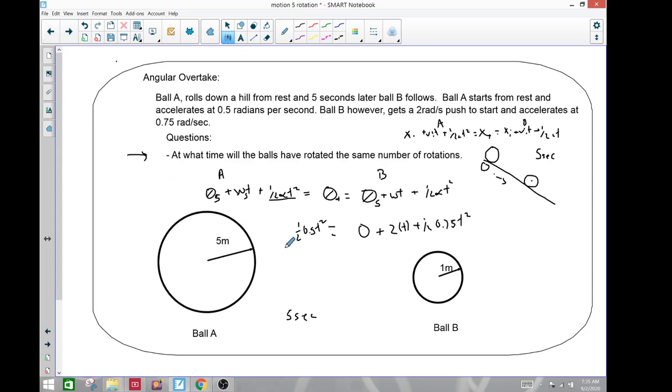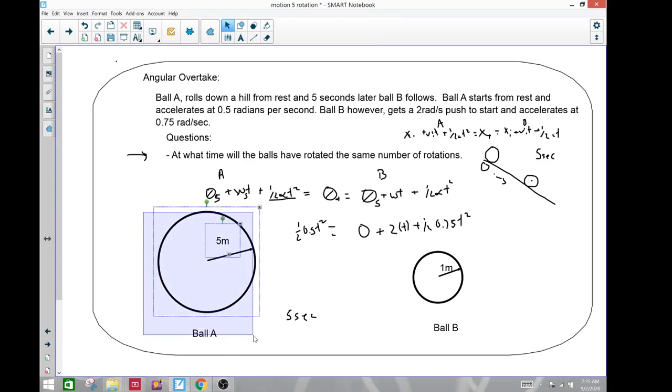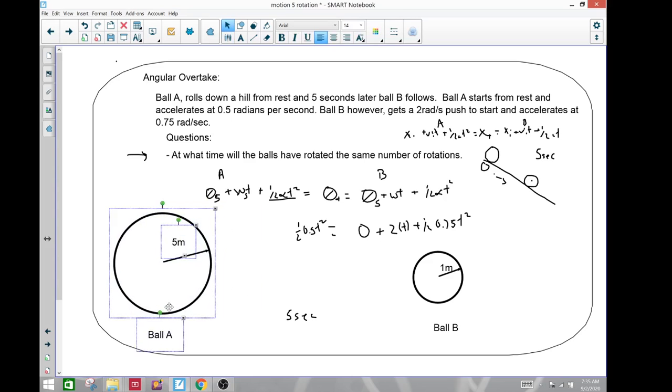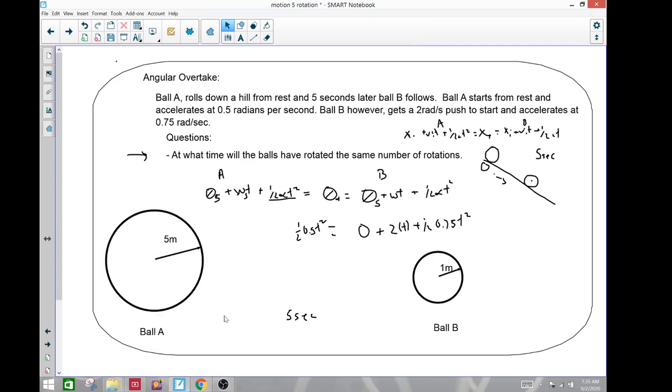It is now traveling. I'm going to move this little circle over here so I have room. Now if you aren't following me yet, this should start to get a little clearer. This thing has now rotated 6.25 radians.